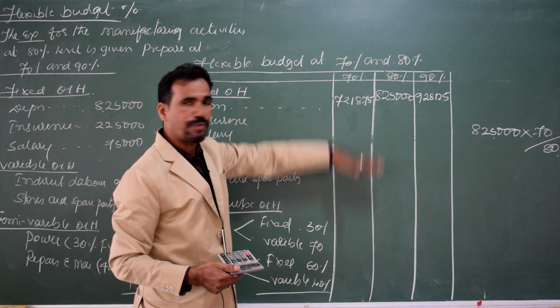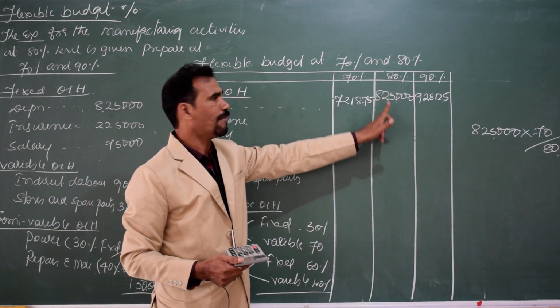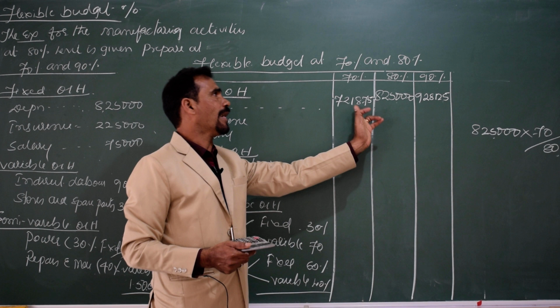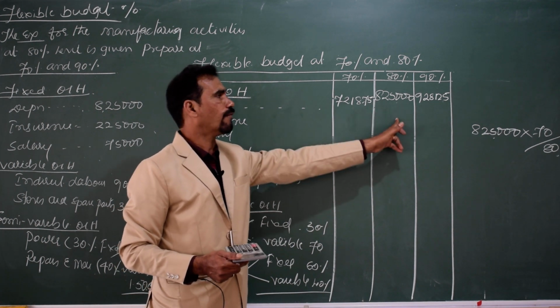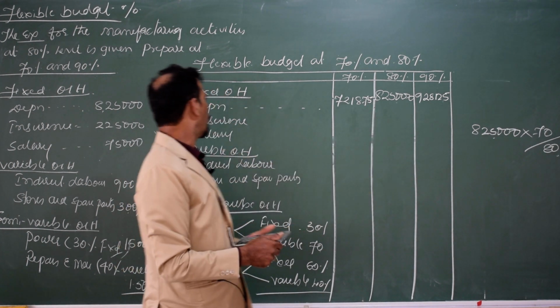So in the same process, first take the base level, then multiply by the next level out of 80%. Okay.